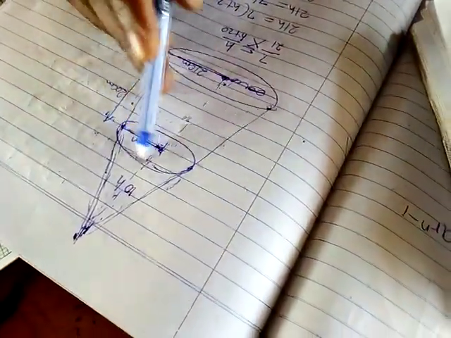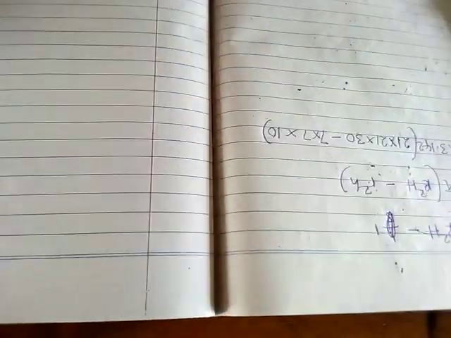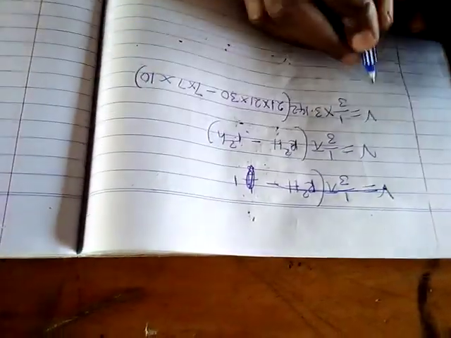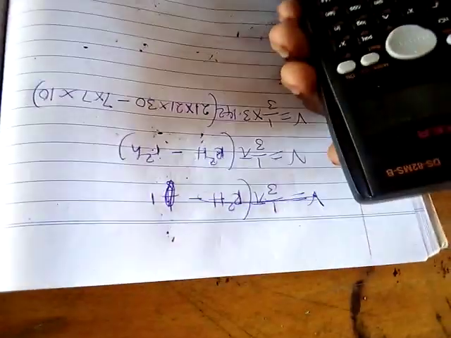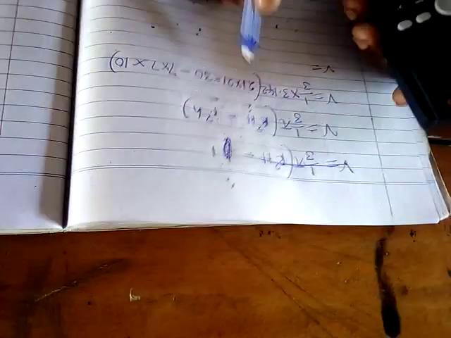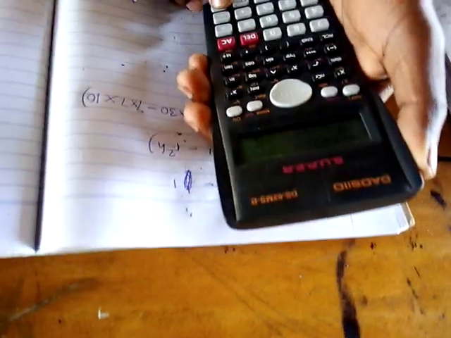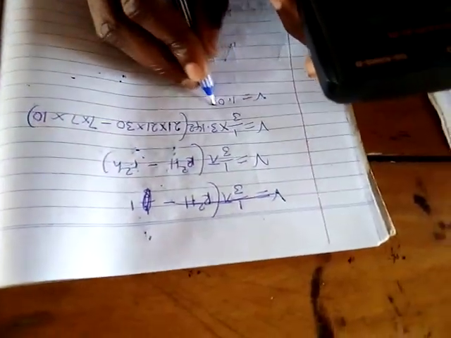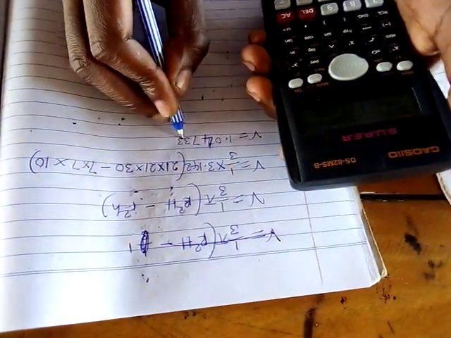Remember, from the diagram that we drew, the smaller cone is this one. The height of the smaller cone is 10. So what do we do now? We say volume is equal to 1 times 3.142, which is 3.142 divided by 3. You get 1.04733.